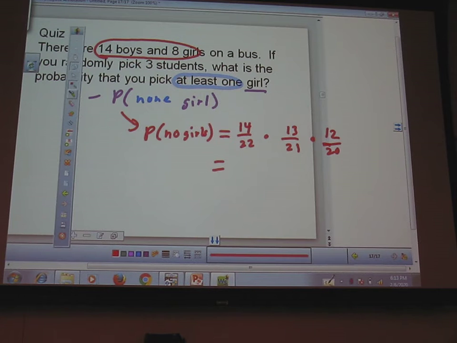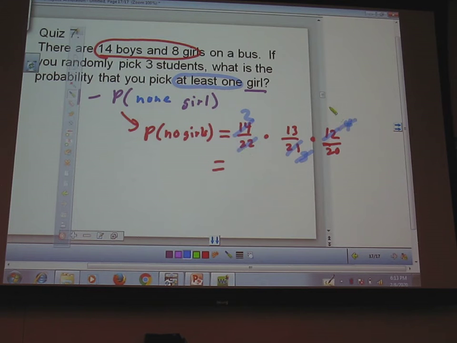Okay, wait. So here we got 2, here we got 3. And then there we have 4. And then there we have 1 and 11. Is that right? So this becomes 10 and this becomes 1.